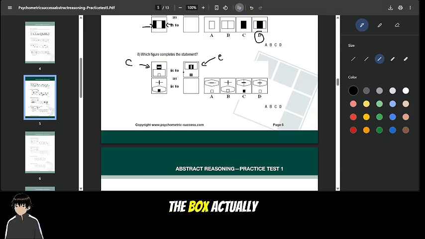So if you see here, the box actually went upwards, and the box inside, the black box, the white box, went vertical. It flipped vertically. And the box here became gray, so it changed color. So I'm assuming, if I'm right, I'm using that logic here as well. So this is going to probably become white or lighter shade.